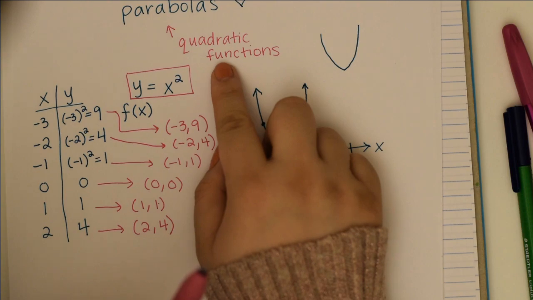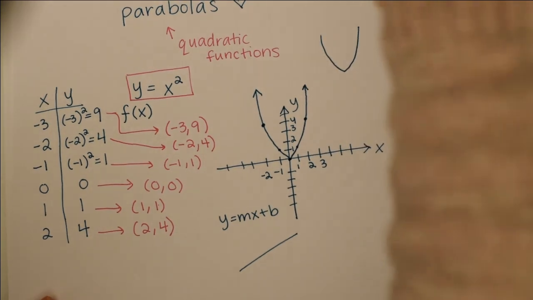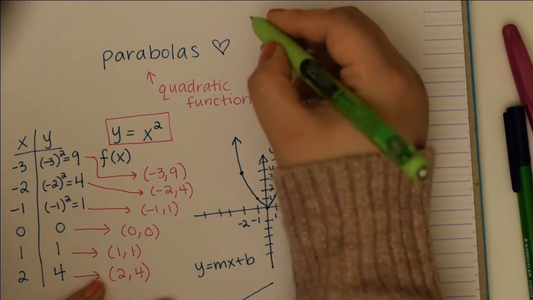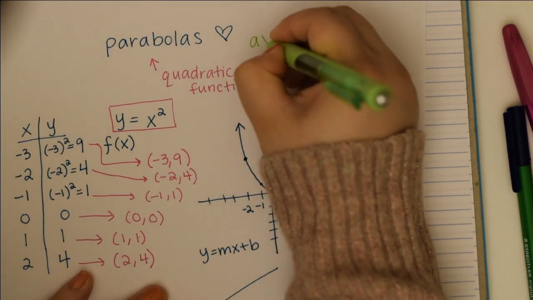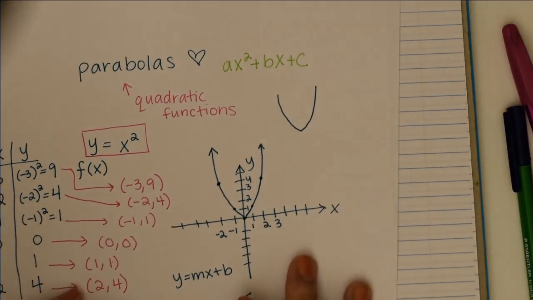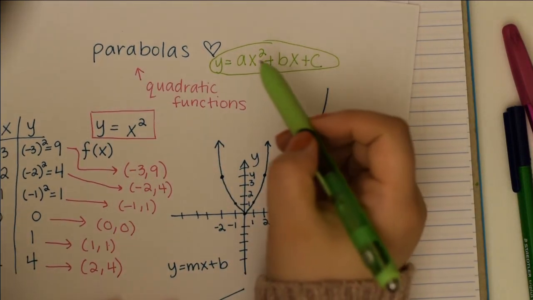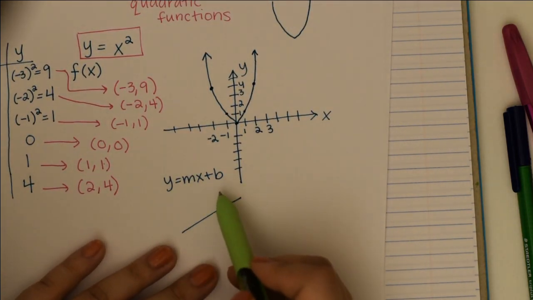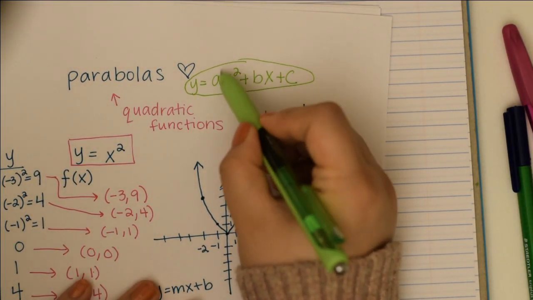But quadratic functions in general, and this will be important to note if you're studying parabolas. One form of a quadratic function is ax squared plus bx plus c. So y equals ax squared plus bx plus c, and you'll notice that this is like y equals mx plus b for linear equations. For quadratics, you will have this exponent of 2.